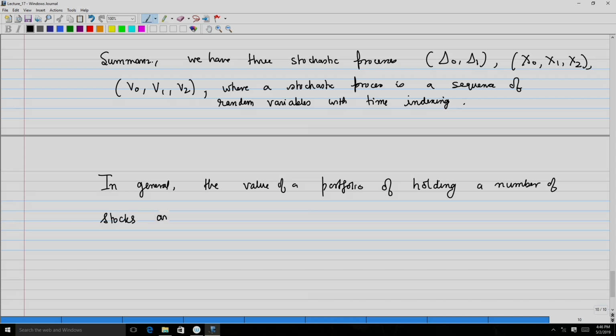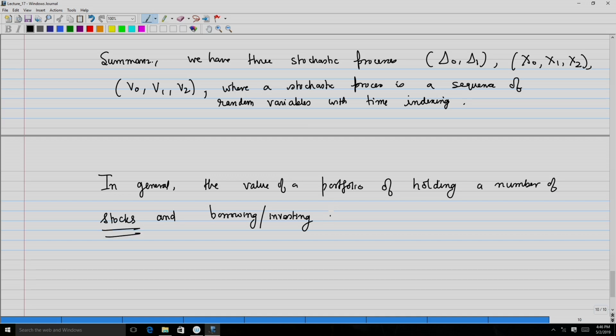So, number of stocks and then borrowing or investing depending on whether the remaining amount that you have after the investment in stocks is positive or negative.